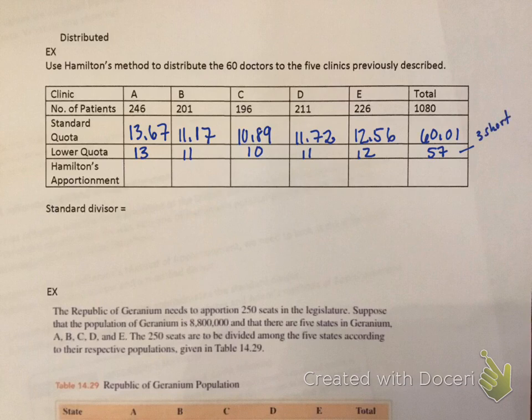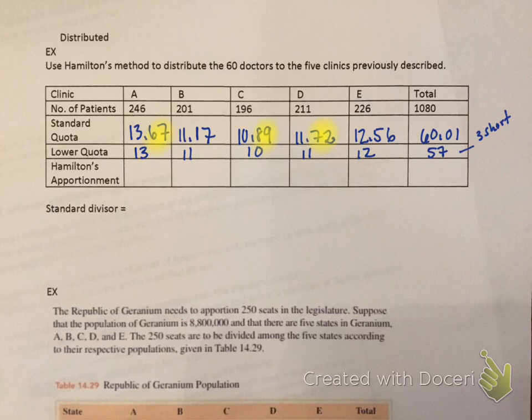So here's where Hamilton's method comes into play. We look at clinic A, B, C, D, and E at the standard quota and find the highest fractional portion. So that 0.89 is pretty high. The next one would be 0.72 and 0.67. So we're going to give each one of those an extra doctor.